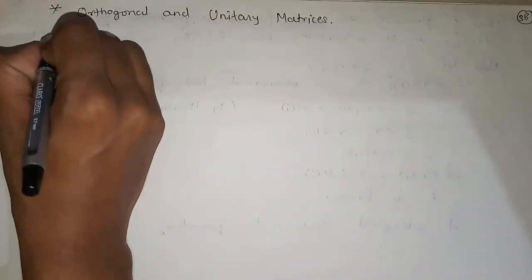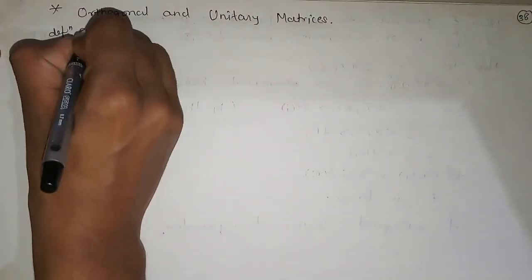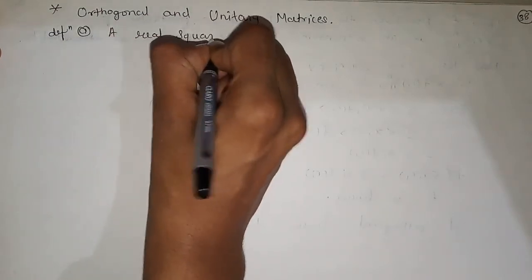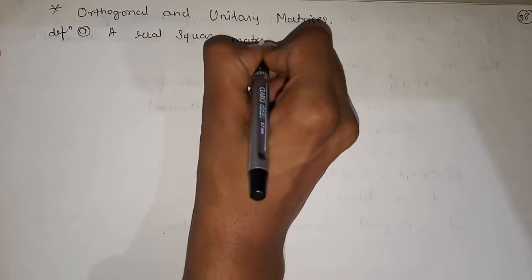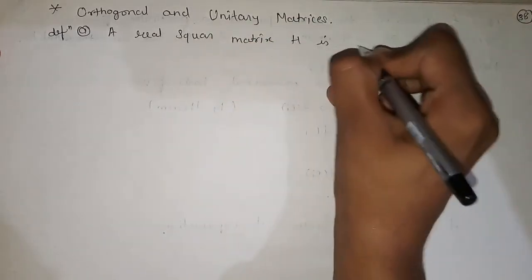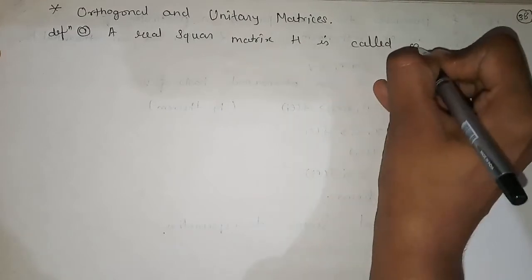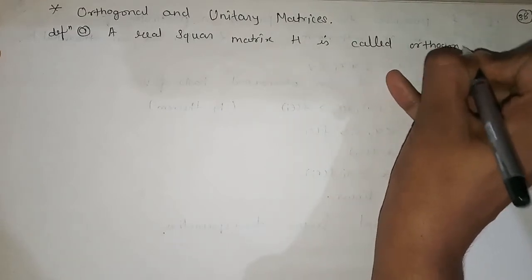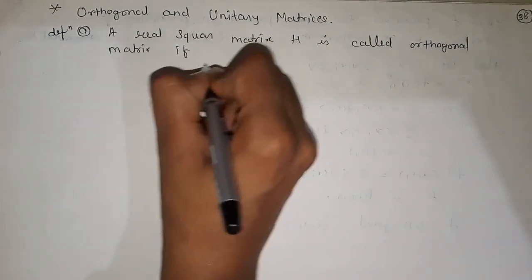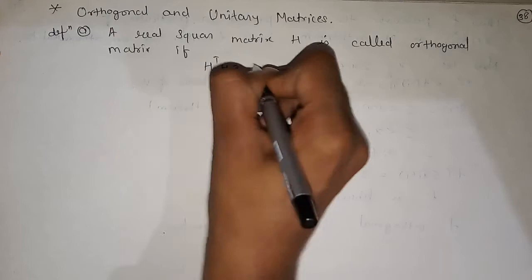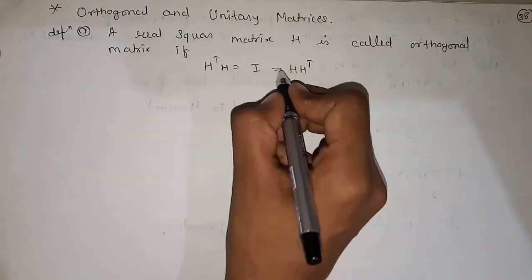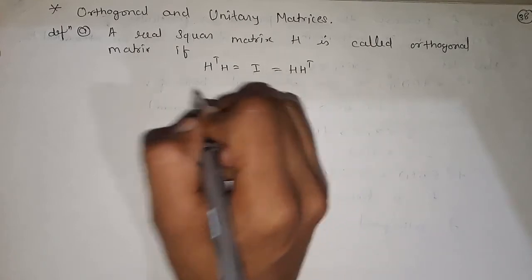Now what is the definition of this? So definition: a real square matrix H is called orthogonal matrix if H transpose H is equal to identity matrix, or H H transpose is equal to identity matrix.